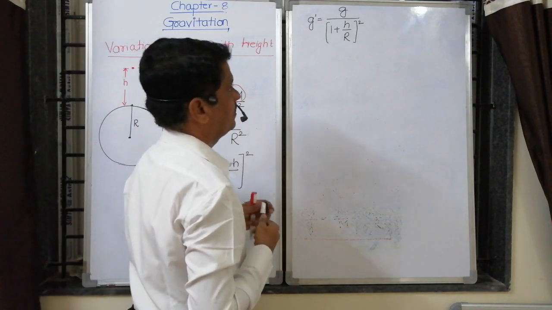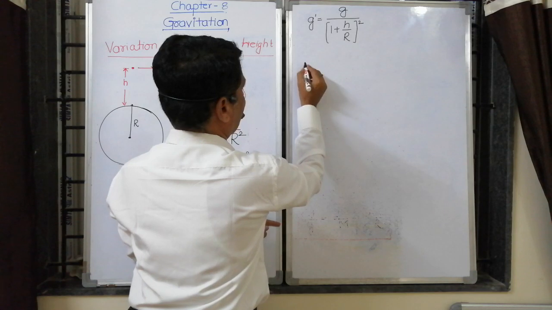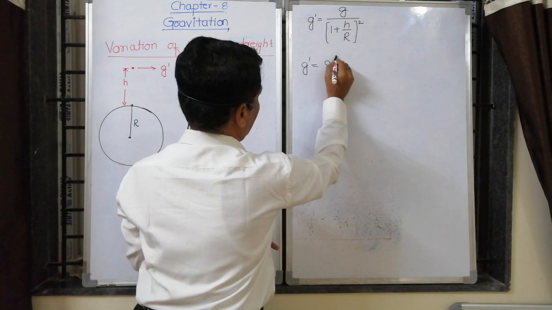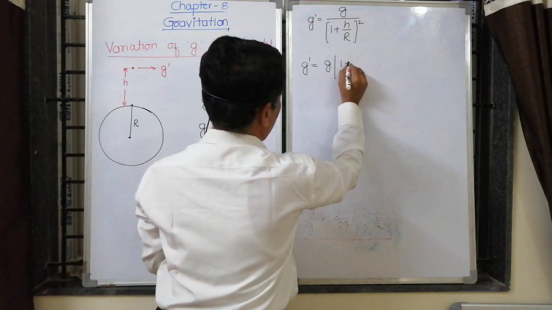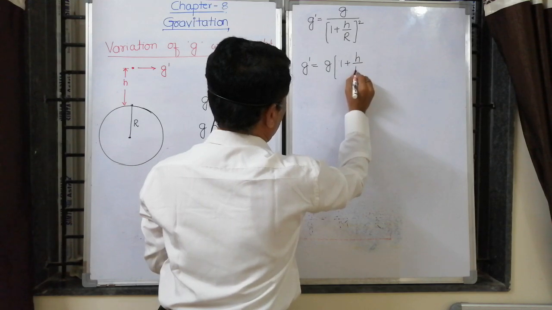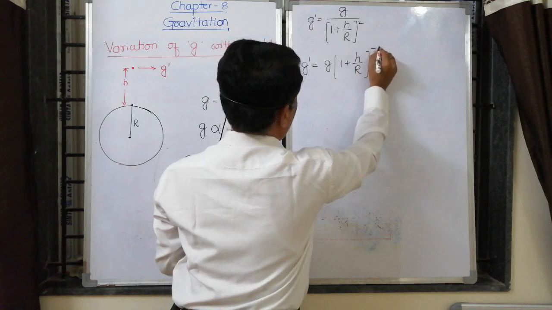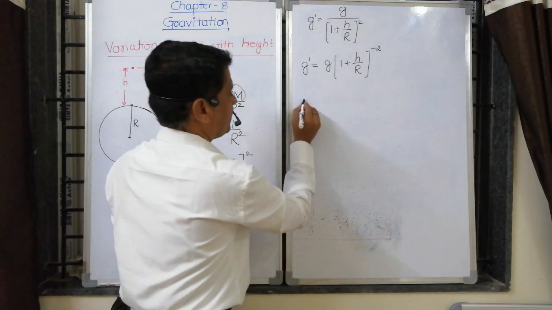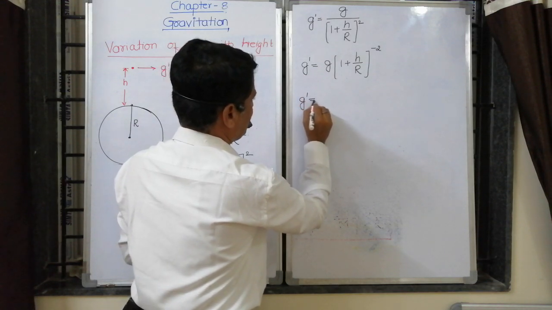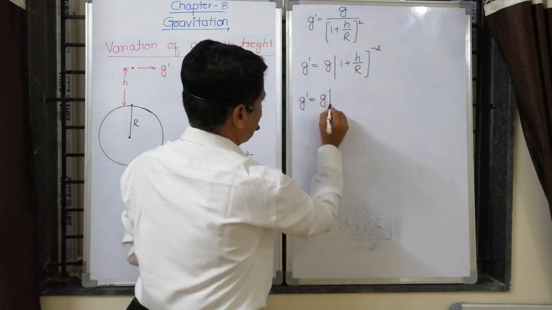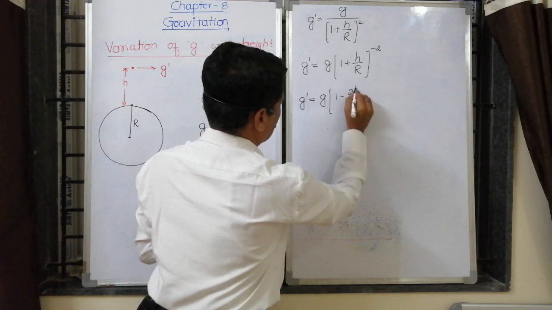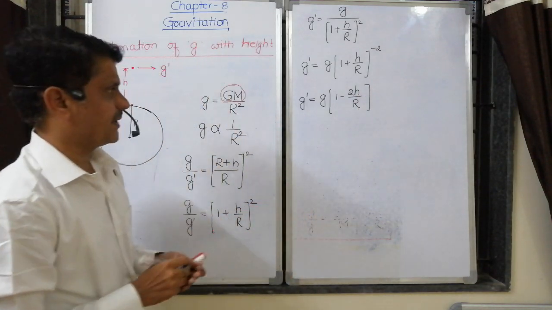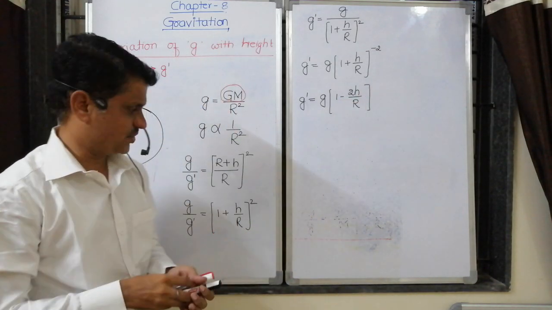Now I can simplify this. g dash is equal to g in bracket 1 plus h by r raised to minus 2. So if I expand binomially, then g dash is equal to g in bracket 1 minus 2h by r. Okay, this is the expression for g at a height h.